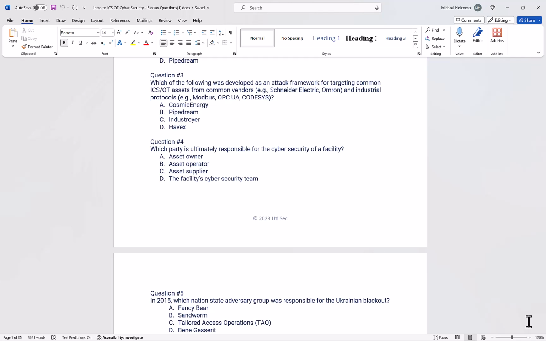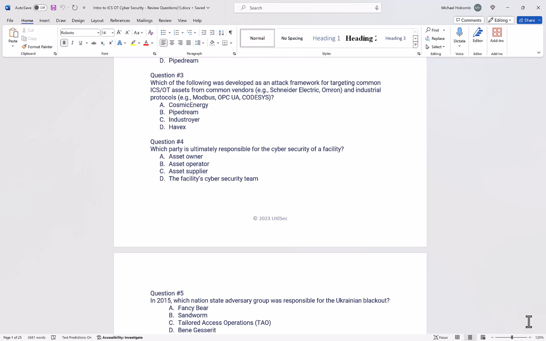Ultimately, though, it's the owner's responsibility to ensure cybersecurity, to make sure they have things like budget, to be able to hire people, to be able to plan and implement cybersecurity, even though we know that so many of the ICS OT environments out there are so small that they don't have those resources. Especially, we always use the example of water and wastewater.